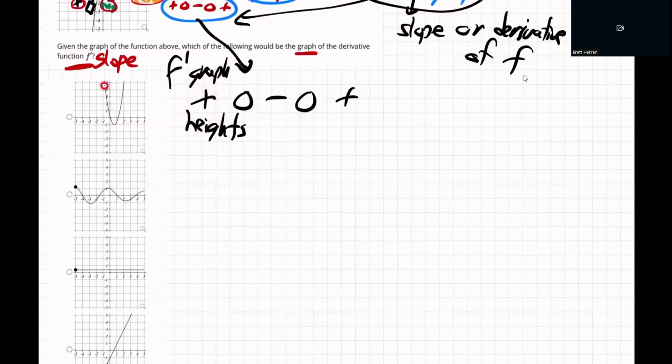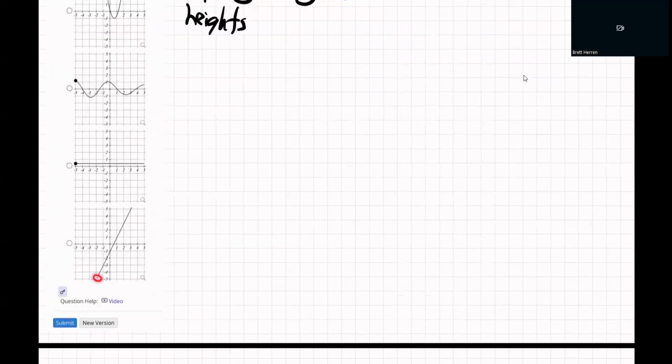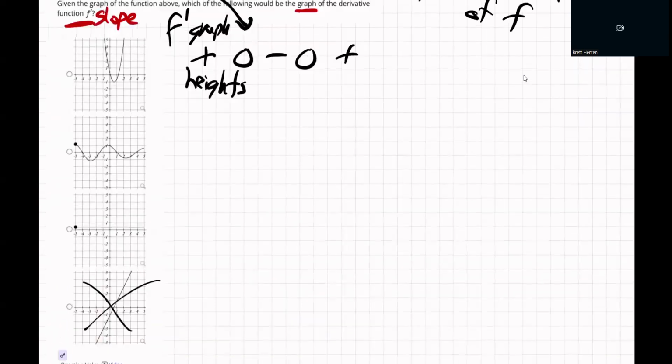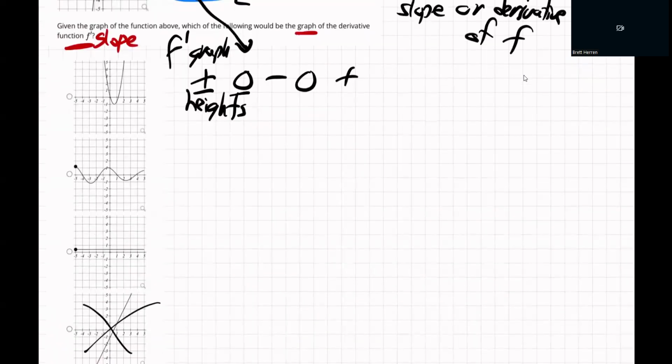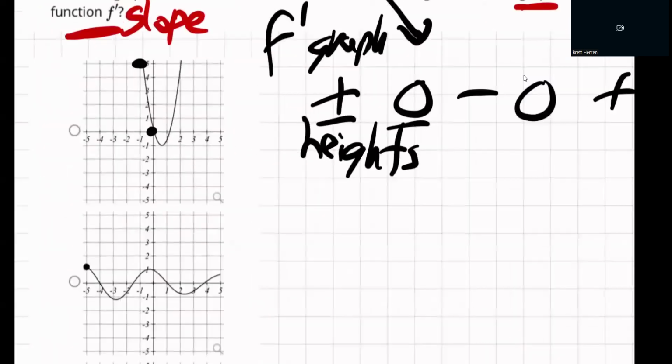Well, this one starts positive height. This one starts positive height. This one starts positive height. This one starts negative height. It's already out. Forget it. And then it goes positive, then zero height. Well, this one starts out positive, goes to a zero height right there. Not a zero slope, but a zero height.